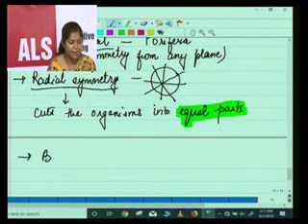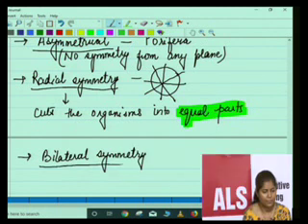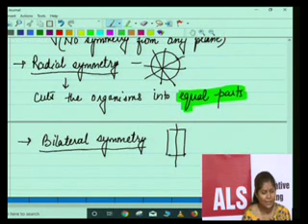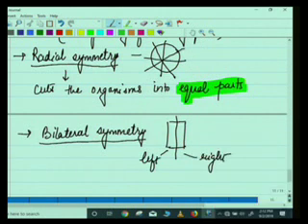Next comes bilateral symmetry. What is bilateral symmetry? When you are trying to cut it into two equal parts that are left and right. This would be the left part, this would be the right part.